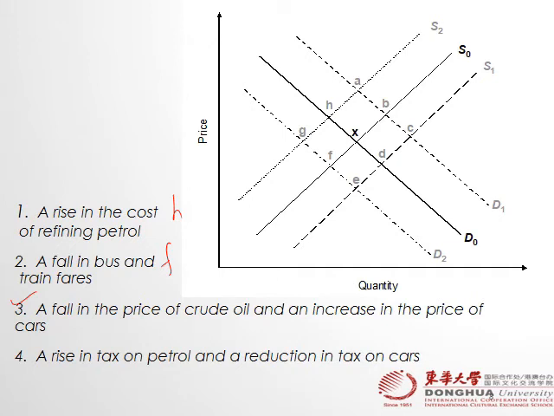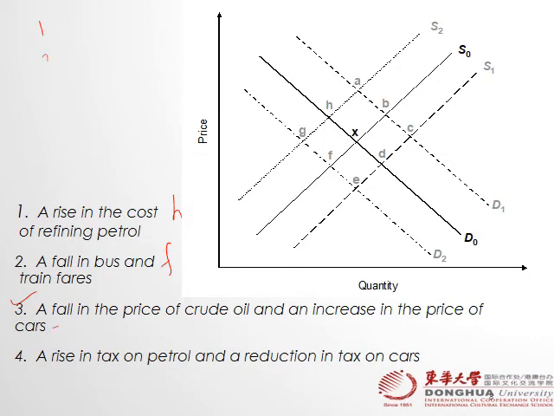Third one, a fall in the price of crude oil and an increase in the price of cars. This is very nice, and it will answer your question regarding whether both supply and demand can increase or decrease. A fall in the price of crude oil, an increase in the price of cars.